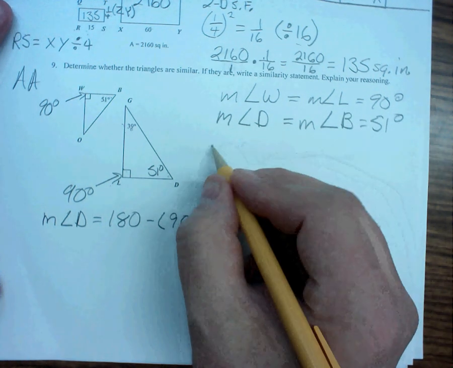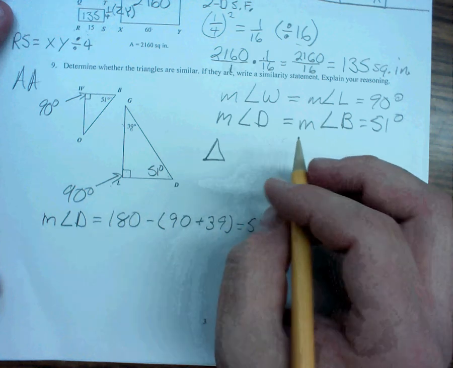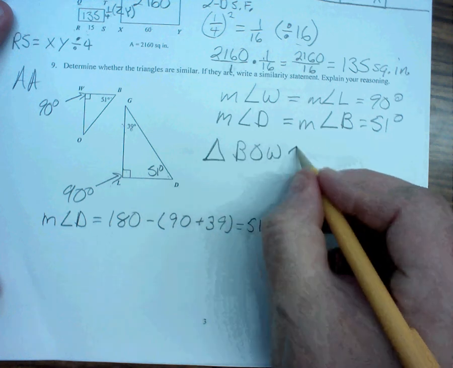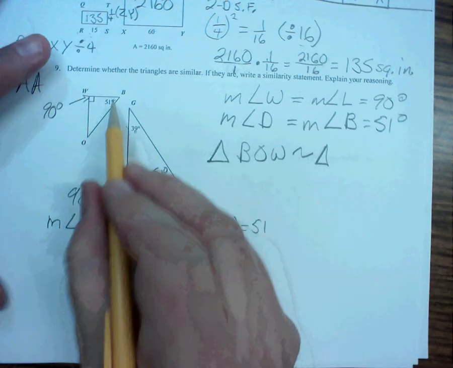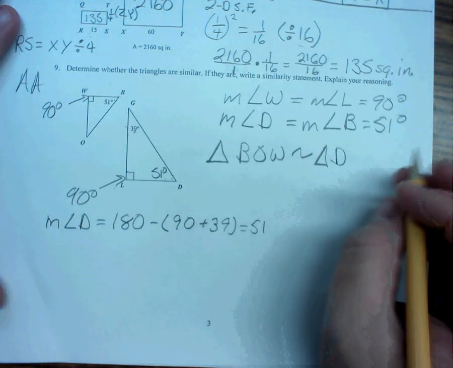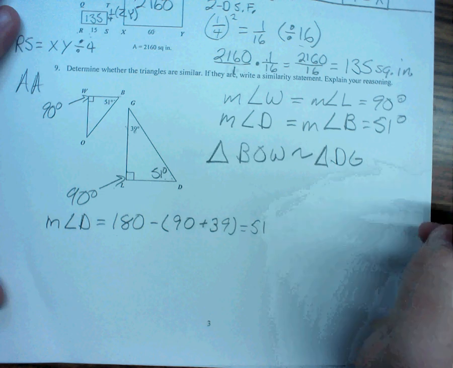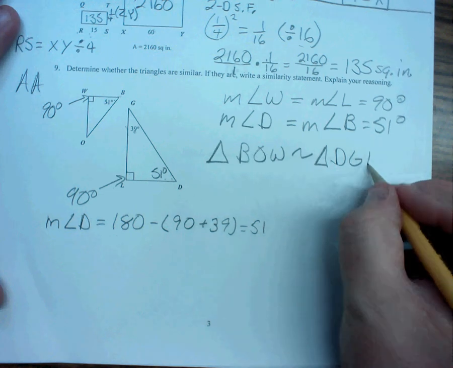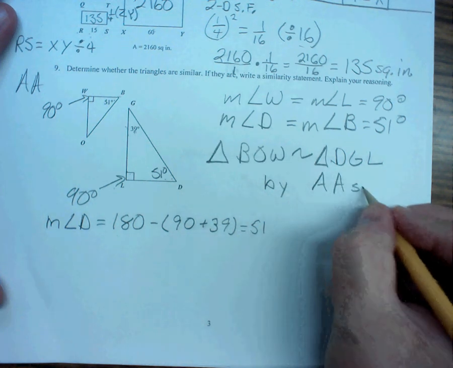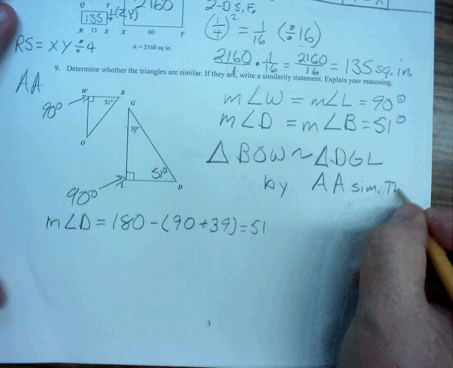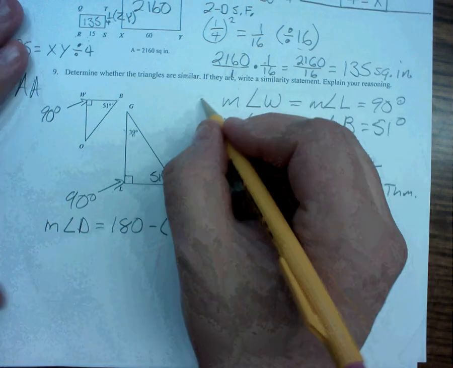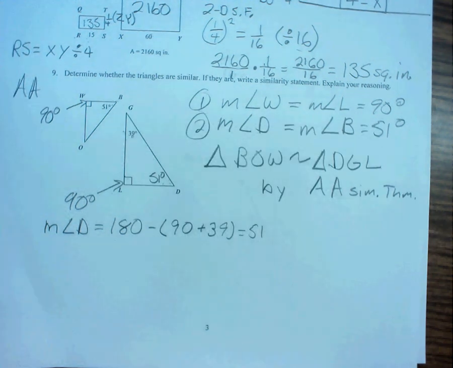And then we would just say triangle BOW is similar to triangle DGL, where B corresponds to D, O corresponds to G, and W corresponds to L, by angle similarity theorem. Okay? Because I proved two angles are congruent. Does that make sense?